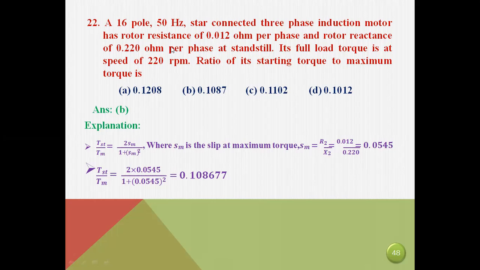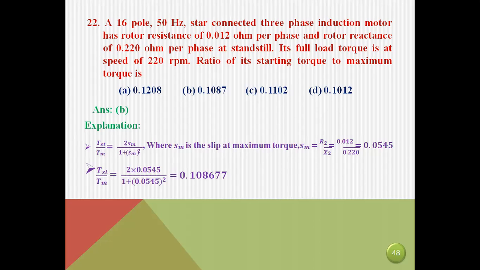Its full load torque is at a speed of 220 rpm. So here they have given the full load speed, and asked for the ratio of its starting torque to maximum torque. We have the equations for the starting torque and the maximum torque, because the torque equation depends on reactance, resistance and the slip.